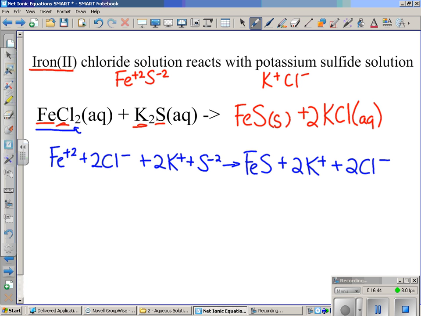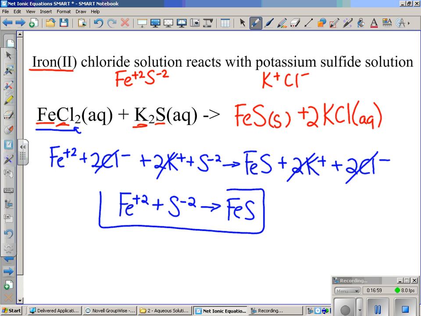And then 2 K pluses plus 2 Cl minuses for the 2 KCls once they ionize. Now 2 Cl minuses cancel. 2 K pluses cancel. That leaves us with Fe +2 plus S -2 yields FeS. Again, net ionic equation showing the formation of a solid.